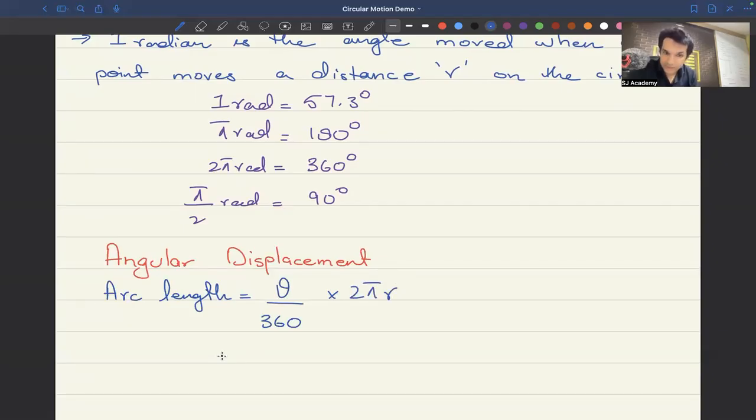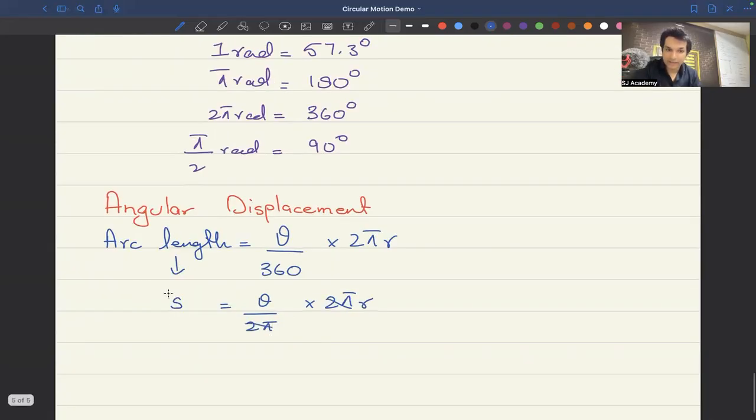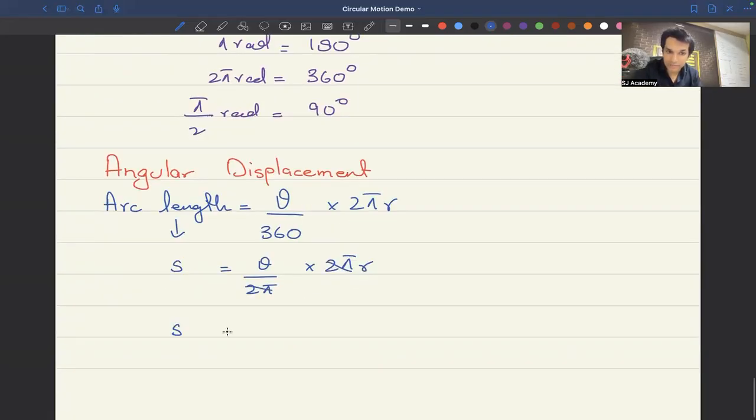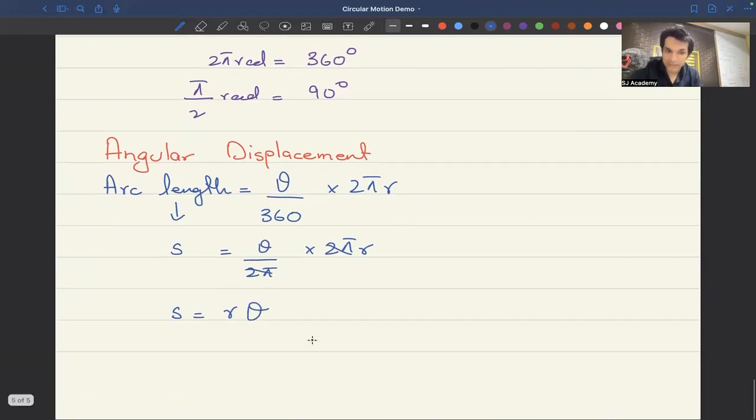Now this 360 can be replaced by 2 pi, and the arc length we represent as s. 2 pi cancels, and this can be given as s equals r theta, where theta will be the angle measured in radians, and this is the distance moved on the circumference, or we can simply write this as the arc length.